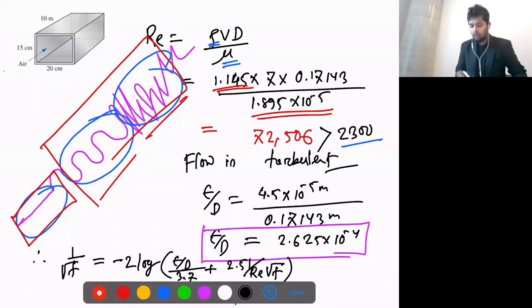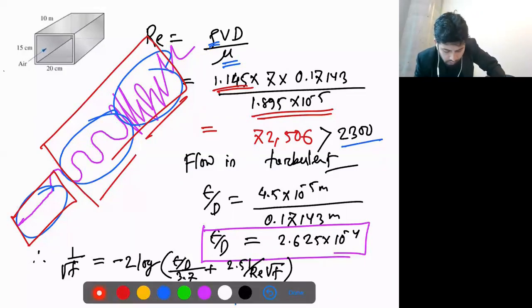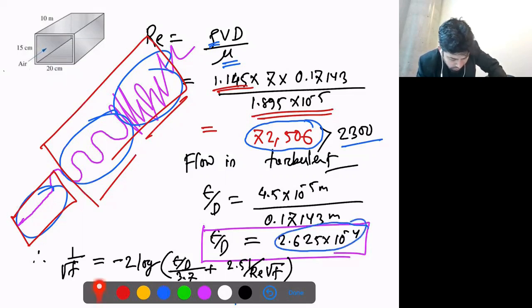So what we will do, guys, we already know the Reynolds number, which is 72,000 something, and we know the epsilon over D value. We are going to substitute these two values here, and then we'll get f.